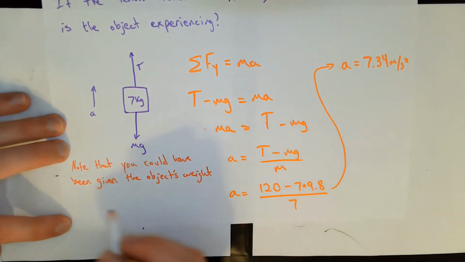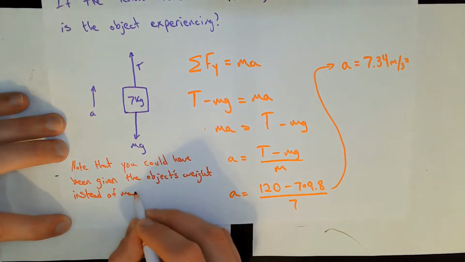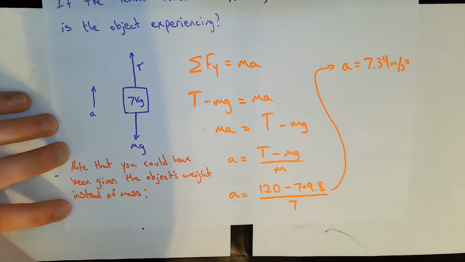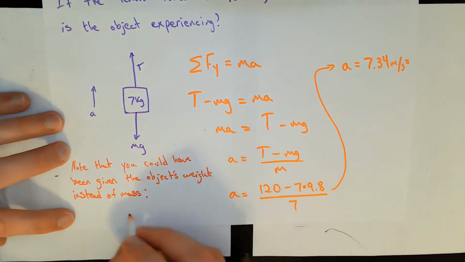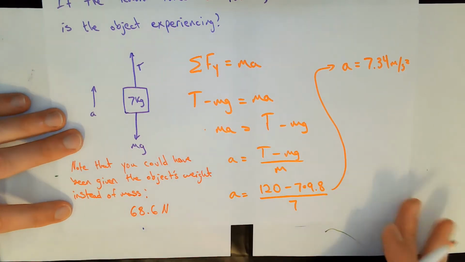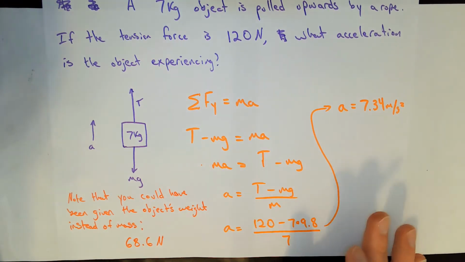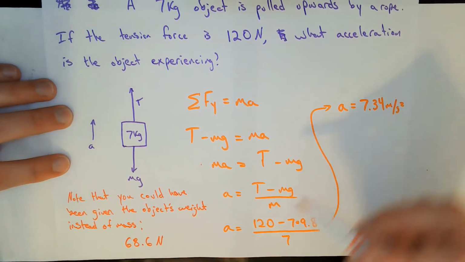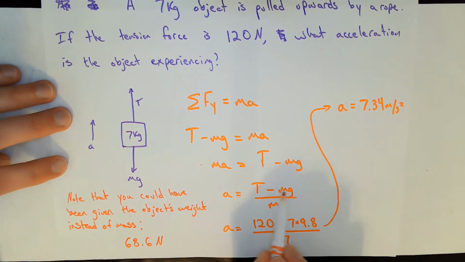Instead of being given 7 kilograms and having to calculate the object's weight with mg, you might have just been told that the object's weight was 68.6 newtons. Sometimes that can happen. It'll say an object of weight 68.6 newtons, and where does that go? Well, that would just go right here with mg. This is 7 times 9.8. That's what this is. That would be the object's weight.